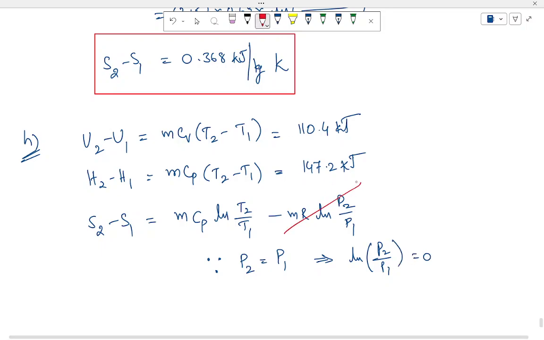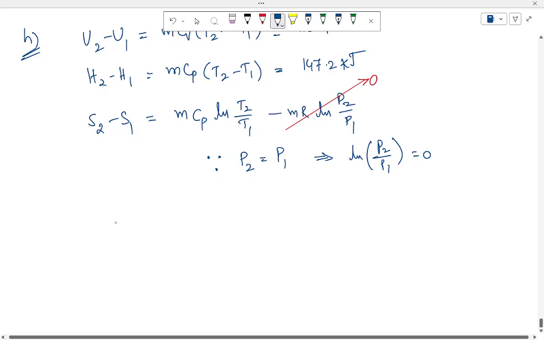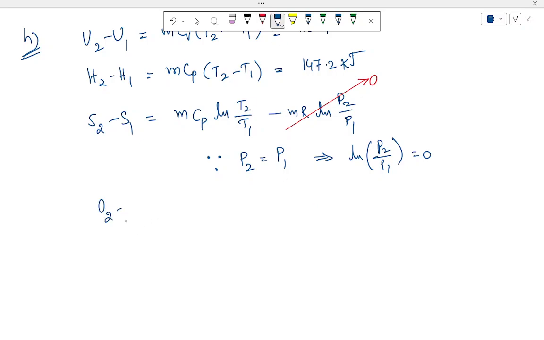So that's why this term will get equated to 0. Now your S2 minus S1 is now m Cp into ln T2 by T1.